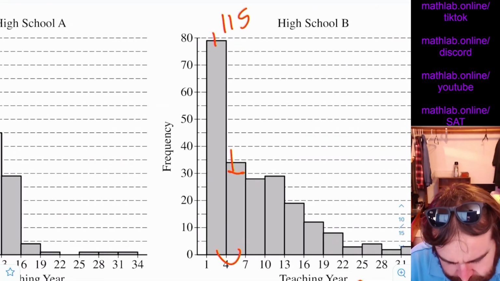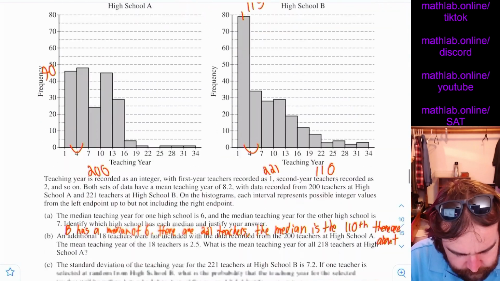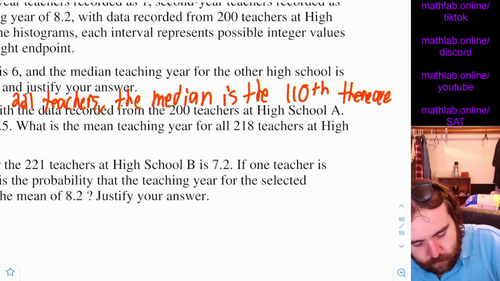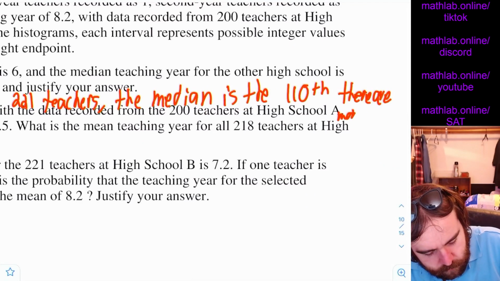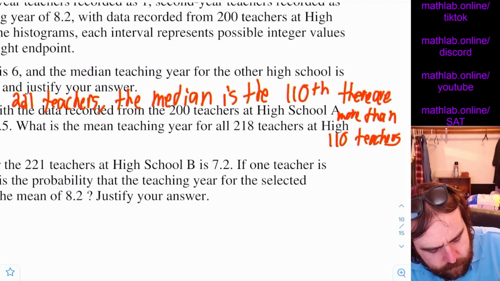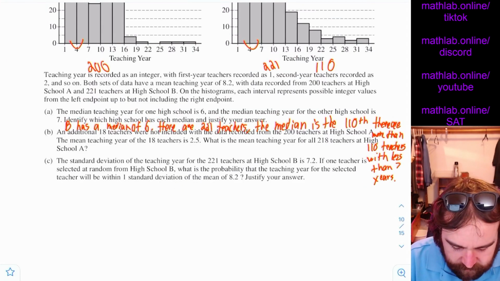So if we round down, it's 30. Yeah, it's more than 110. There's more than 110 teachers with less than 7 years. That should be fine enough.